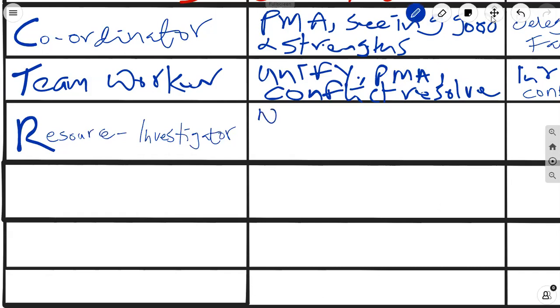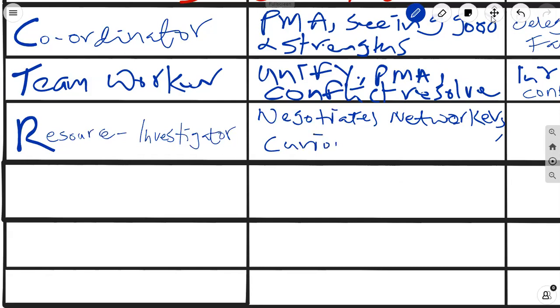So they've got a lot of good strengths going on. They can negotiate, they are networkers, and they are also curious. So, I mean, these folks could wear many hats. And like I said, they are very comfortable exploring opportunities.